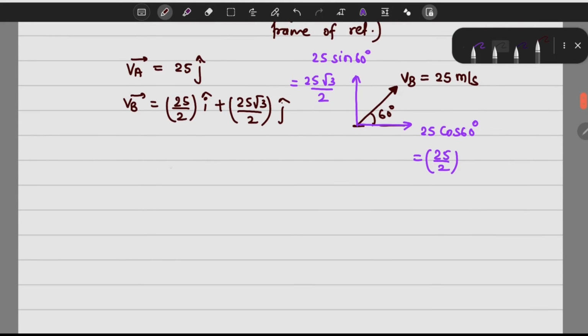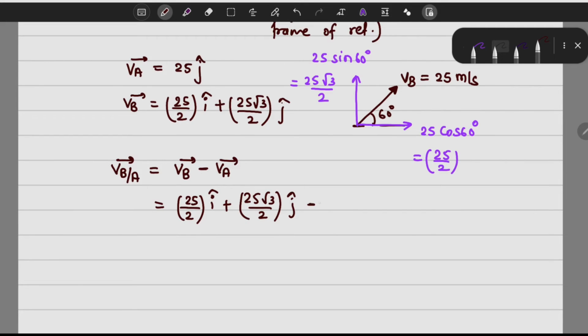Now we want to find the relative velocity of B with respect to A, which we can write as velocity of B minus velocity of A. What is velocity of B? That is 25 by 2 i cap plus 25 root 3 by 2 j cap minus 25 j cap.